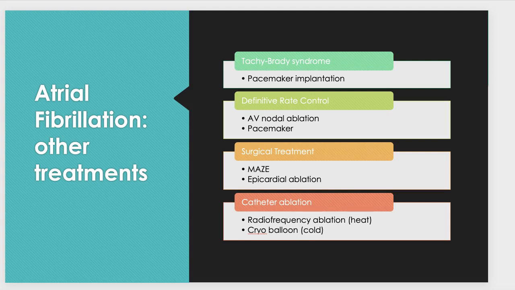The definitive rate control treatment that we have is an AV nodal ablation. This is where we go in and cauterize the AV node, and patients do become dependent on a pacemaker.